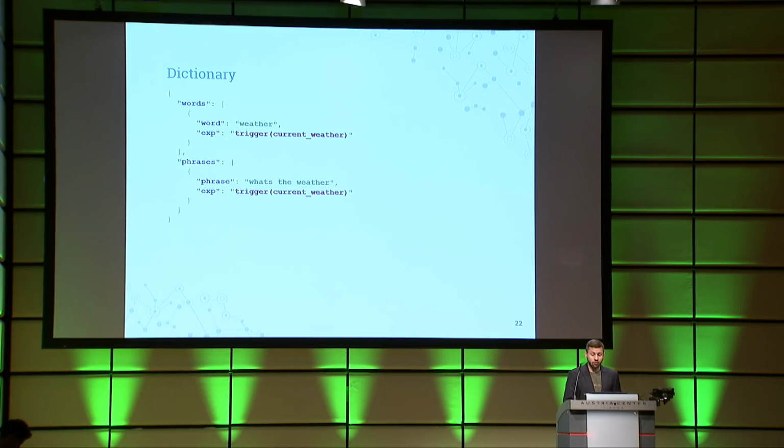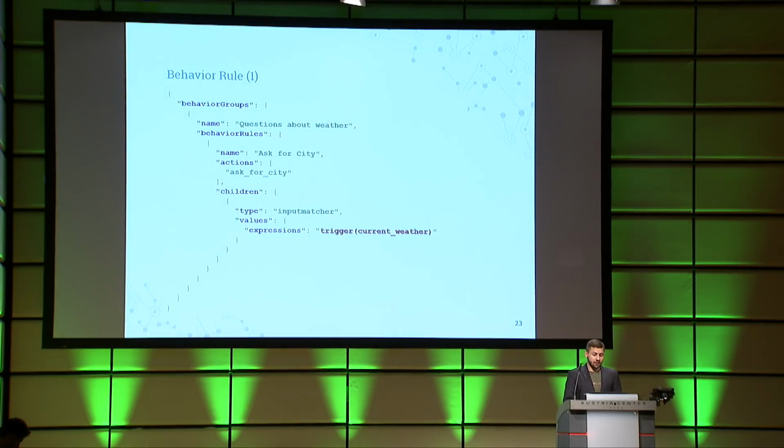So we're going to head over to behaviors. So keep trigger current weather in mind. And that's basically it. We have here rules, again, JSON structures. They are grouped. So we have behavior groups, and within the groups, there are rules. And within each rule, there are different conditions available. We only take one specific one, which is the input matcher that only looks for what the user has said.